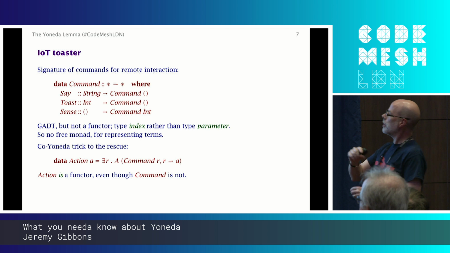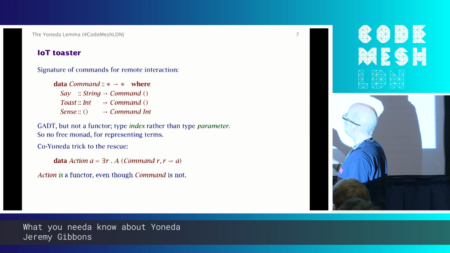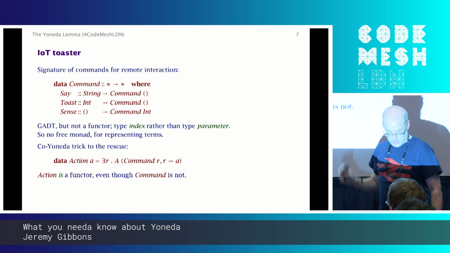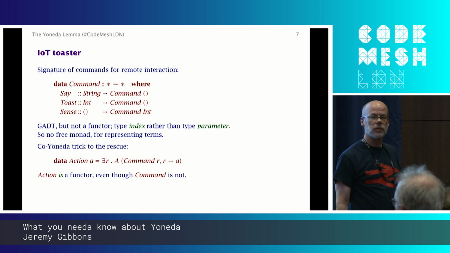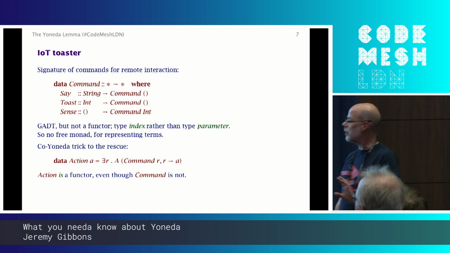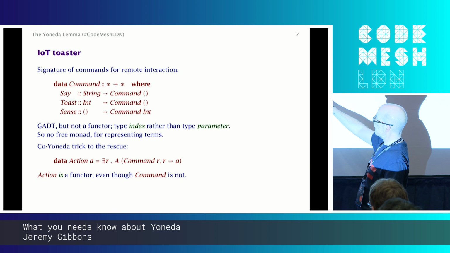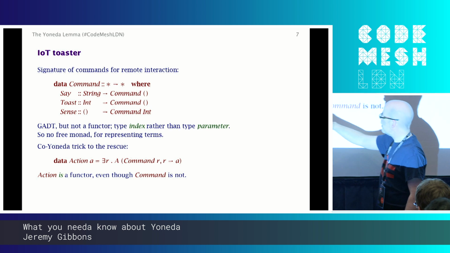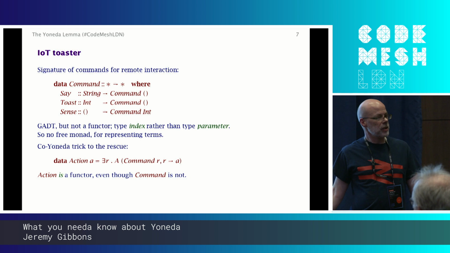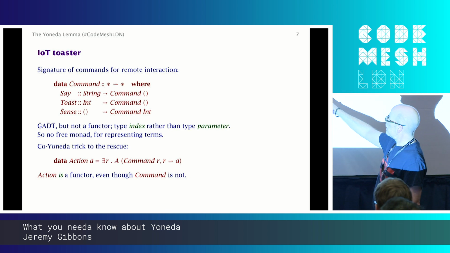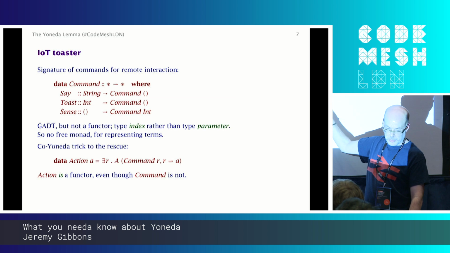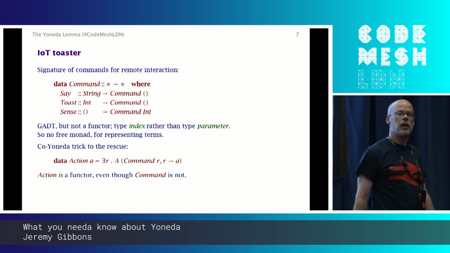But you can use the co-Yoneda trick, because this type here is equivalent to command R's together with a way of turning R's into A's. Command A is equivalent to command R's and a way of turning R's into A's. And this is a functor, because a thingy of A's and a function from A's to B's can always be turned into a thingy of B's, because if you've got a thingy of A's, you've got one of these, and a function from A's to B's, you just compose them, and then you get a function from R's to B's.